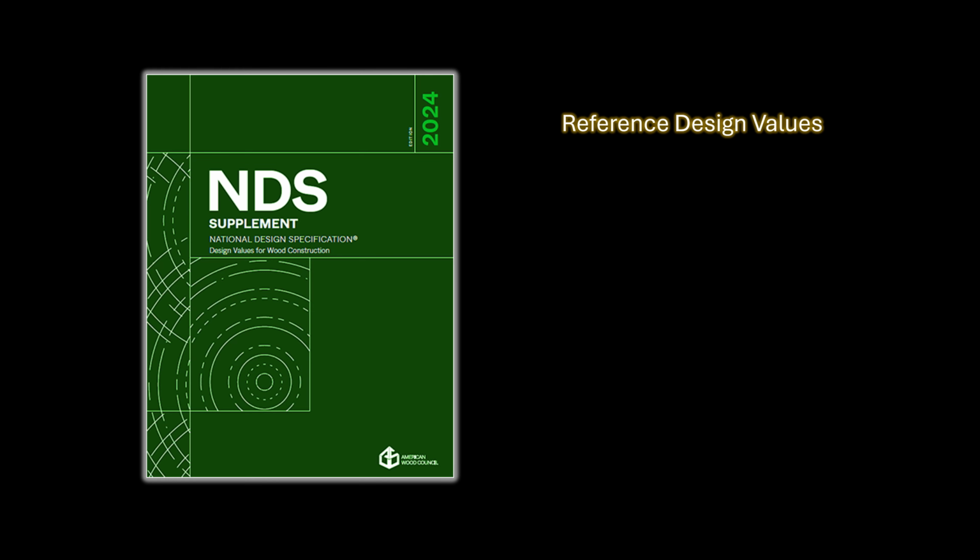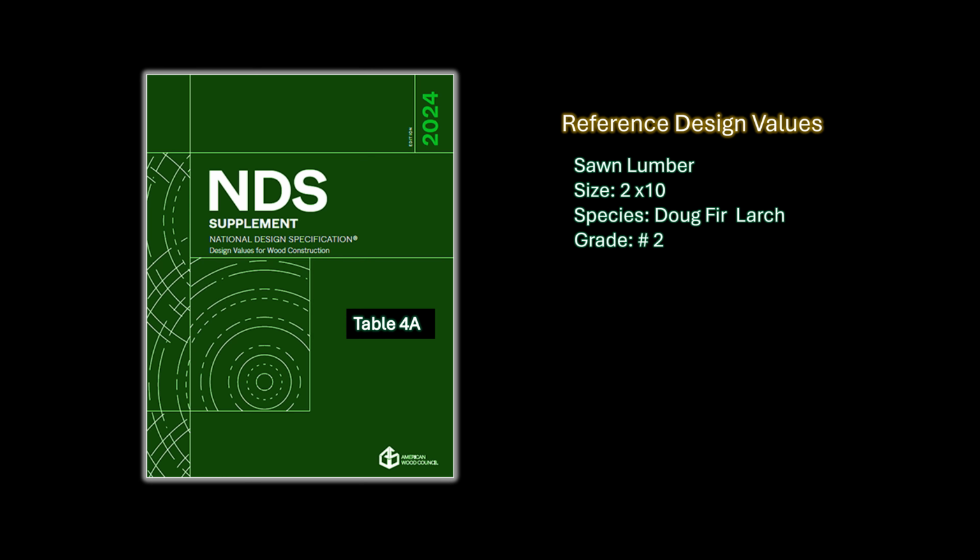The reference design values for visually graded dimension lumber between 2 inches and 4 inches thick in nominal dimensions are provided in Table 4A of the NDS supplement. For grade number 2 Doug fir larch, the reference design values are as follows. The reference design value for bending is 900 pounds per square inch. The reference design value for shear is 180 pounds per square inch.